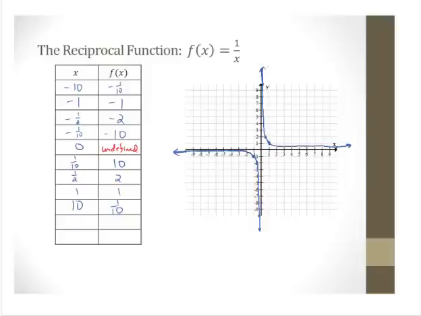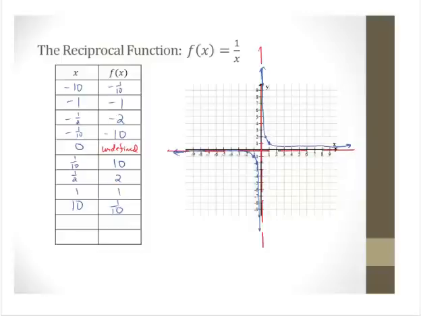So now this function has some interesting features. It has what are called asymptotes. This line has a vertical asymptote at x equals 0. So we have this, and we usually denote it with a dotted line. We have what's called a vertical asymptote at x equals 0. So I'm drawing that in red. There's a vertical asymptote at x equals 0, and we have a horizontal asymptote at y equals 0.